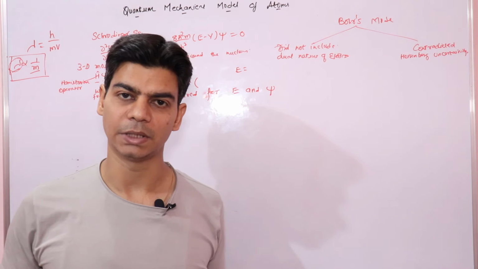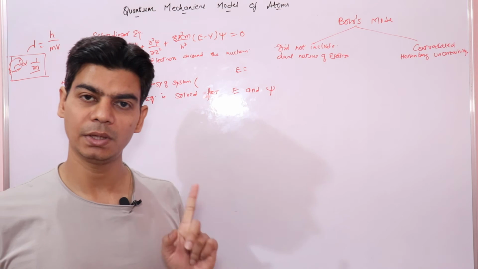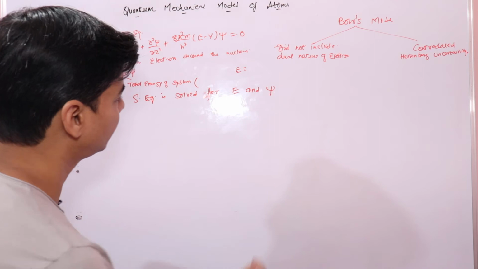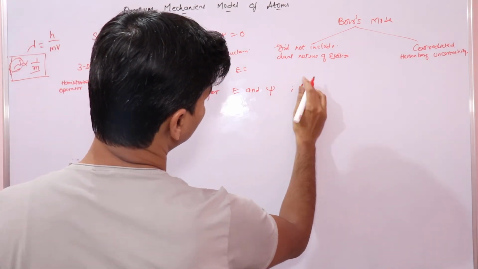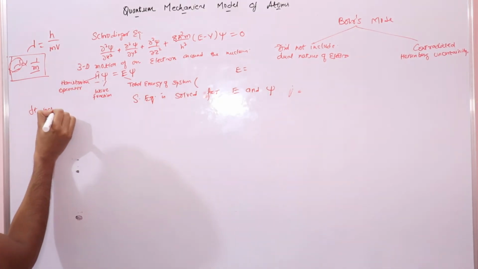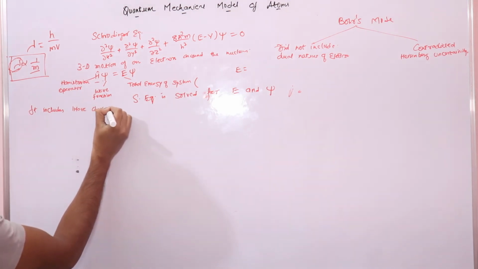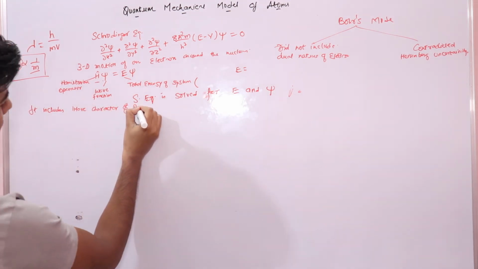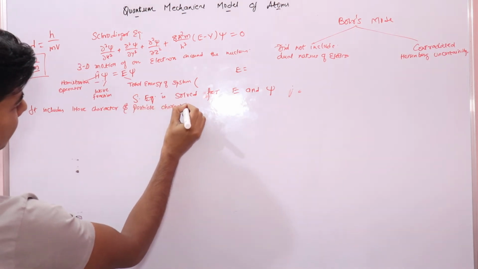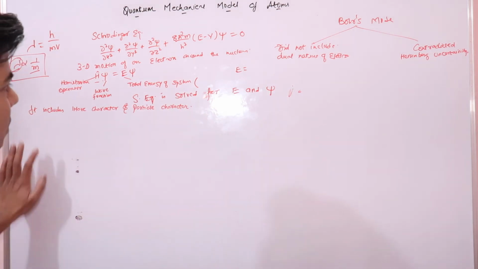Whichever object the Schrodinger equation is applied to, it includes both the wave character and the particle character. So this is important.